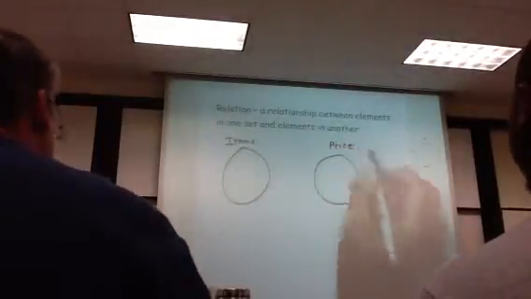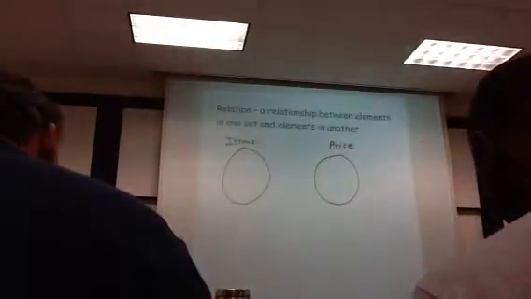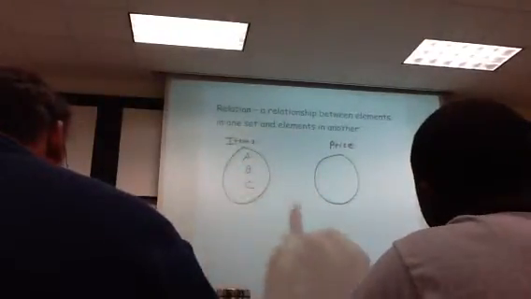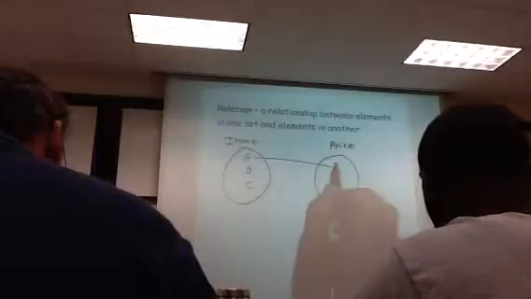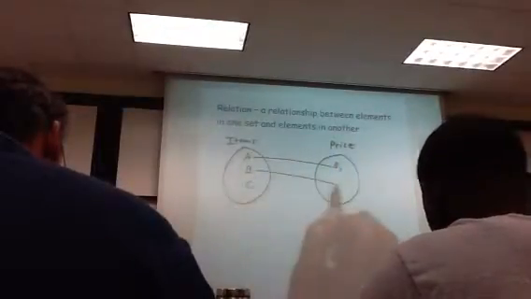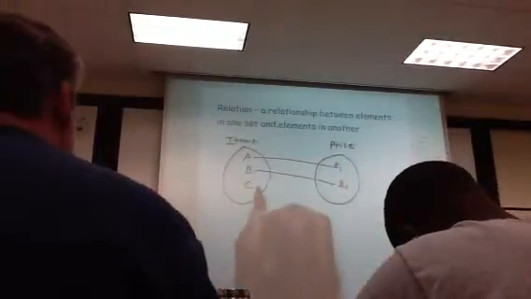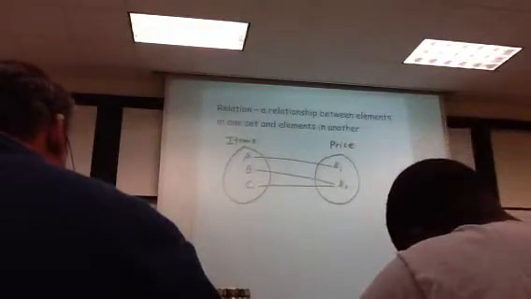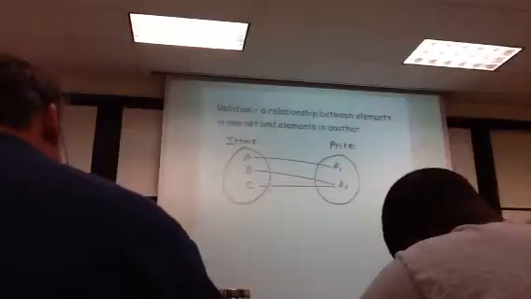If it wasn't the case, you'd go much more often. But every item is related to a price. And some of them are related to the same price, right? That's an example of a relation.